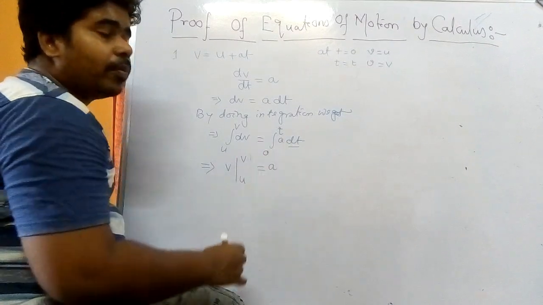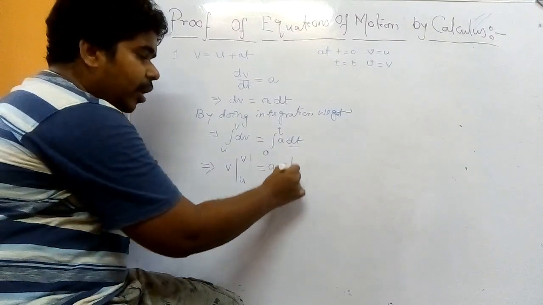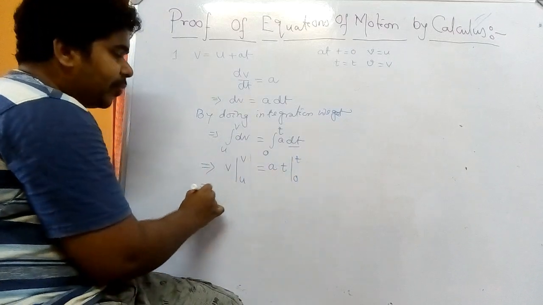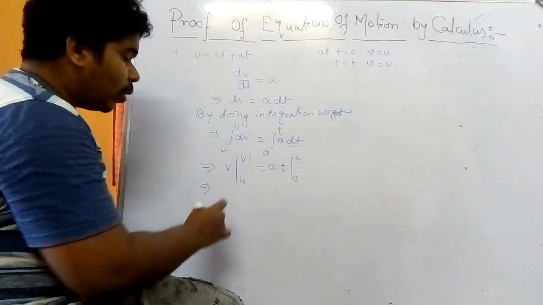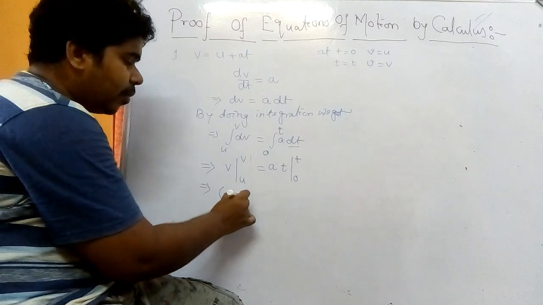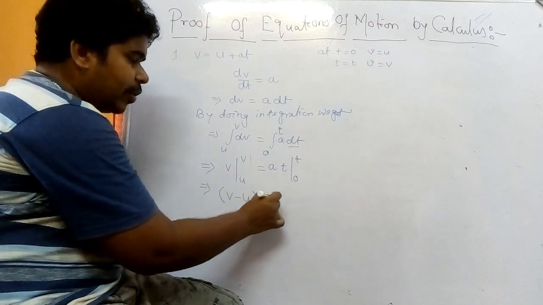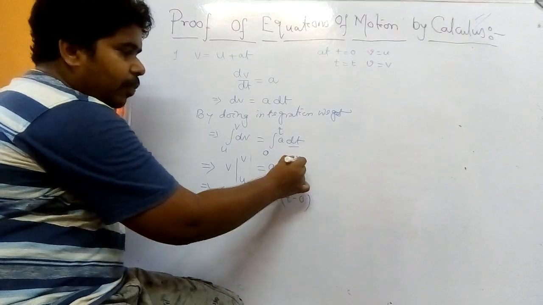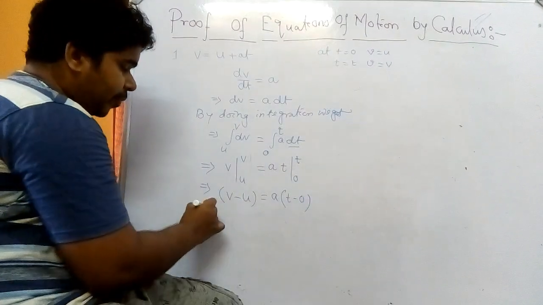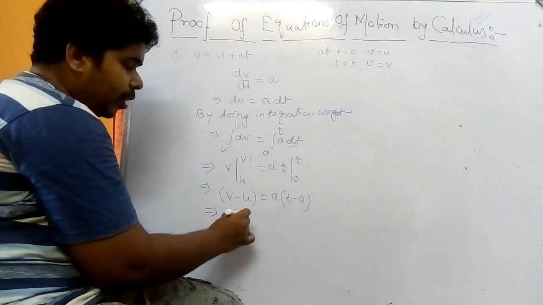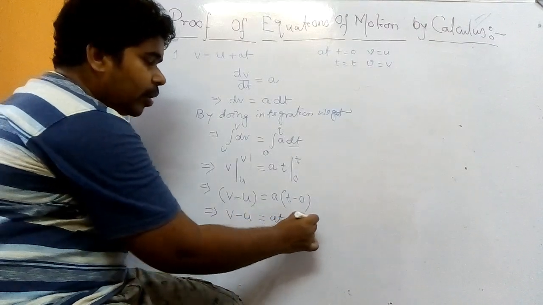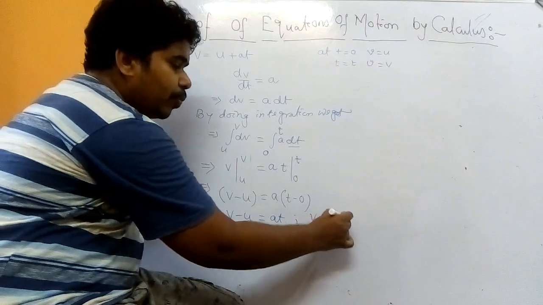Integration of dt will be t, with limits 0 to t. Upper limit minus lower limit: v minus u equals a into t minus 0, because the upper limit is t and the lower limit is 0. So v minus u equals at, or v equals u plus at.